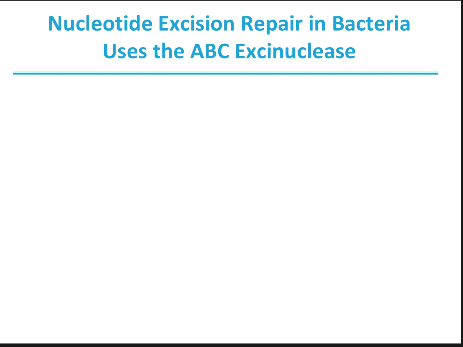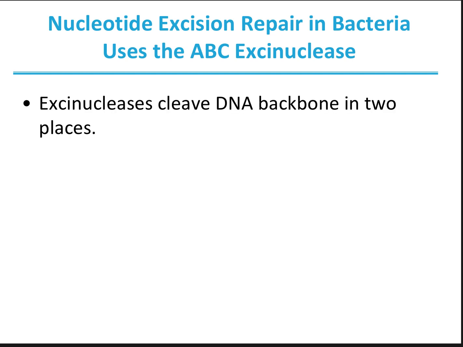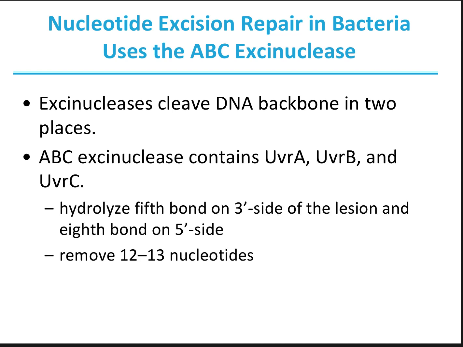So the nucleotide excision repair pathway in bacteria uses the ABC exonuclease. These exonucleases cleave the backbone in 2 places. One example of an exonuclease is ABC exonuclease. This contains UvrA, UvrB, and UvrC.